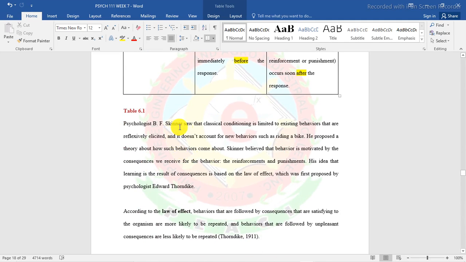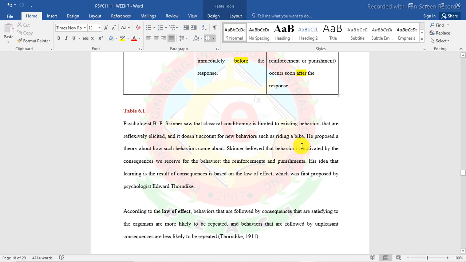So, psychologist B.F. Skinner said that classical conditioning is limited. So, yung sabi niya, to existing behaviors that are reflexively elicited and it doesn't account for new behaviors such as riding a bike. He proposed a theory about how new behavior comes about.